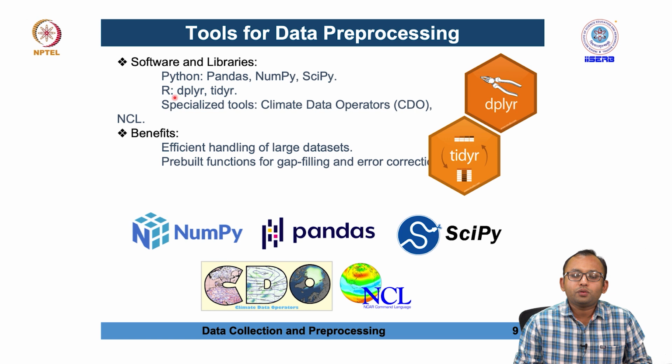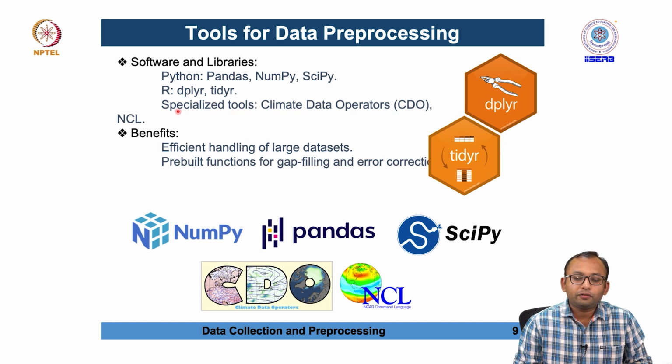Or maybe we can use the R programming language, where we have dplyr or tidyr, which is one library that can also be used for multiple types of error removal in the data set, or data analysis.